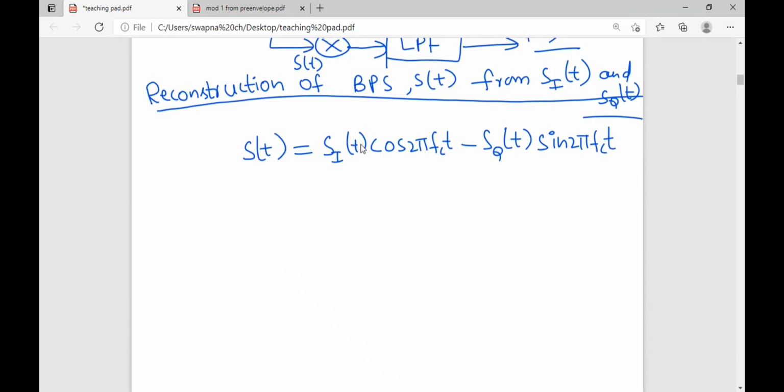You can directly implement it because I have Si of t and Sq of t, and from them I need to generate S of t. So I can take the Si of t signal and give it to the multiplier. The other input to the multiplier, let me take as cos 2 pi fct.